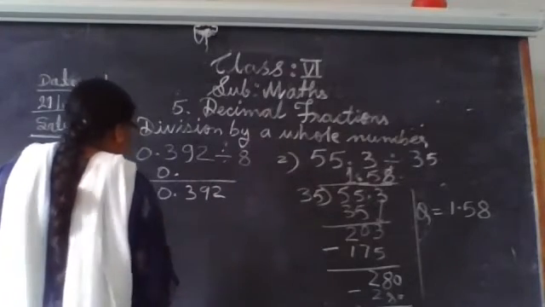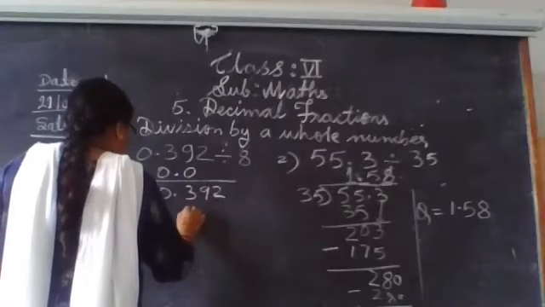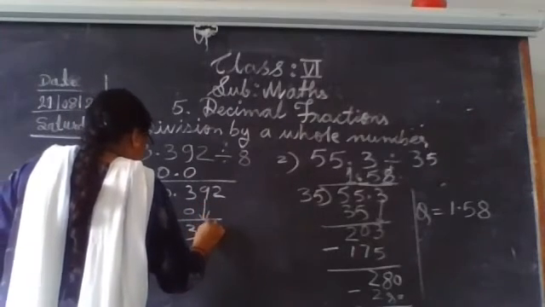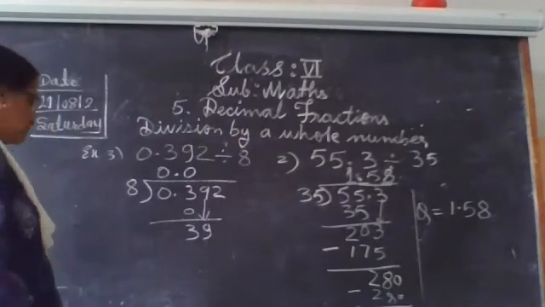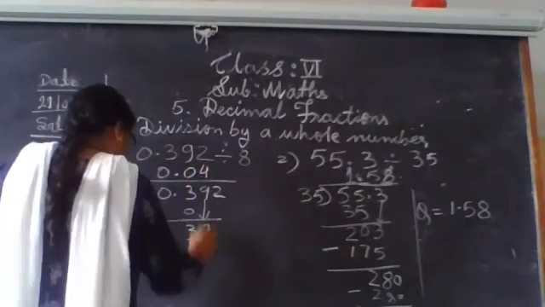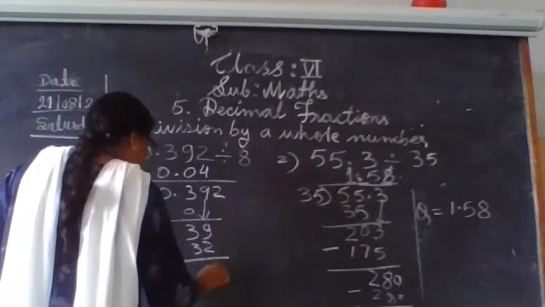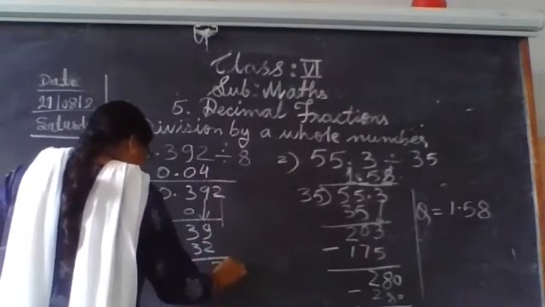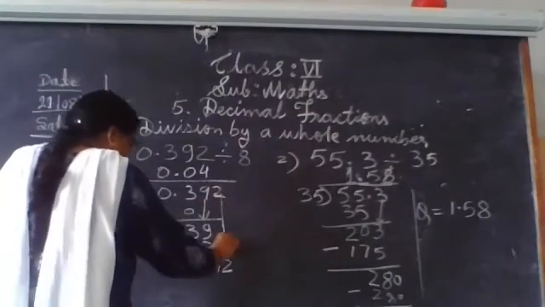So 8 zeros are 0. 8 fours are 32. 39 minus 32 is 7. Bring this 2 down.